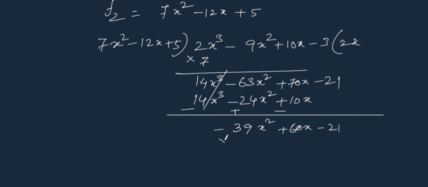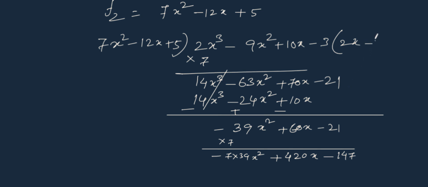Okay, multiply this by 7, we'll get negative 7 times 39x square, 420x minus 7. So we have to put here my negative 39.